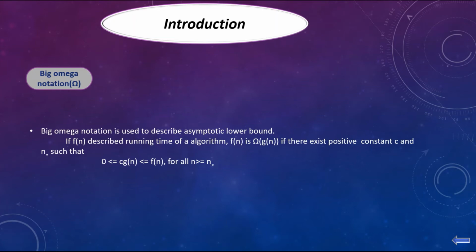Same as in big O notation, we can say that if a function f of n describes the running time of an algorithm, then f of n is omega g of n if there exist positive constants c and n naught such that 0 is less than or equal to c times g of n, which is less than or equal to f of n, for all values of n greater than or equal to n naught. It is used to give the lower bound on a function.